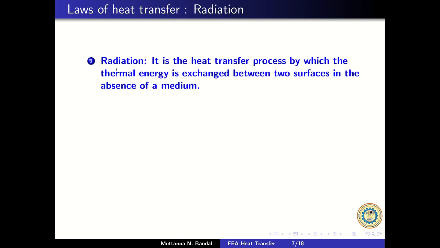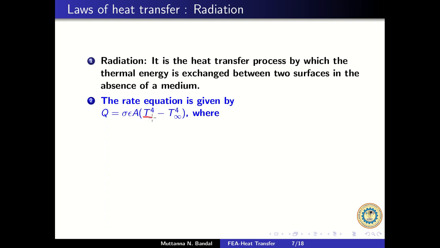Similarly, radiation can be defined as a heat transfer process by which thermal energy is exchanged between two surfaces in the absence of a medium. Mathematically, the rate equation is given by Q = σεA(T1⁴ - T2⁴).